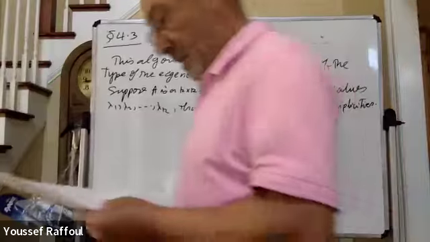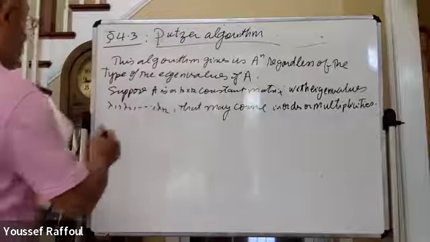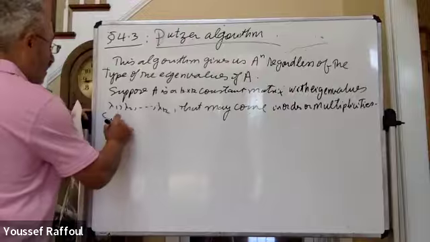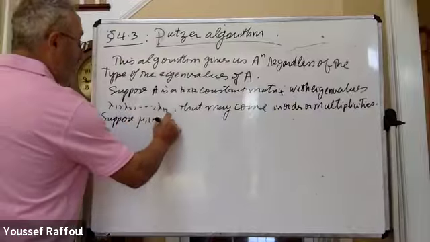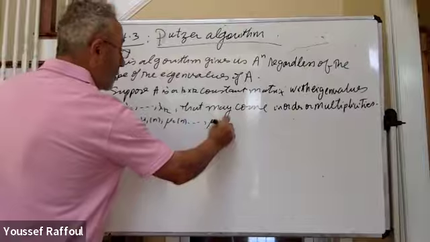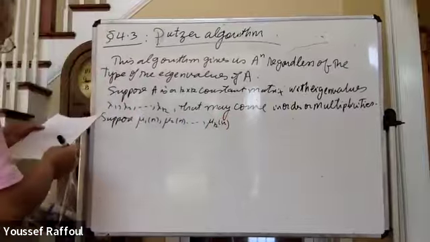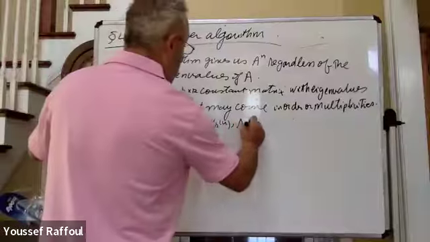Okay. Suppose mu 1 of n, mu 2 of n, mu k of n satisfy the following relation.